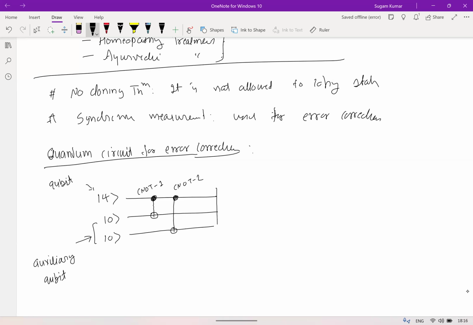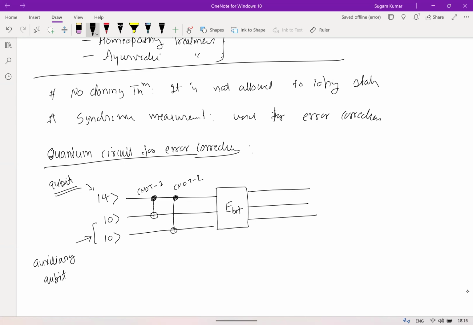And then let us say that this is a system, and for some reason, an error comes into your qubit. And because of this error, the output will be changed. So you have your initial qubit, which you are interested in. Along with that, you create two more qubits and you reserve them as the auxiliary qubits.